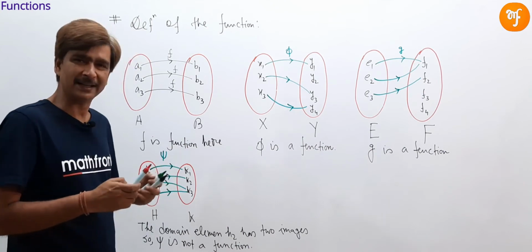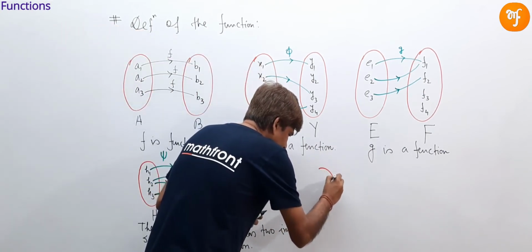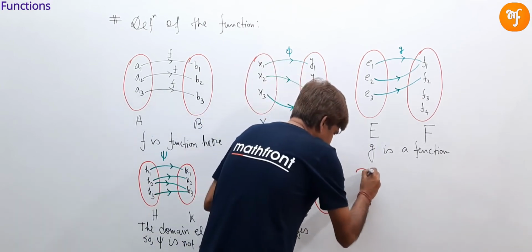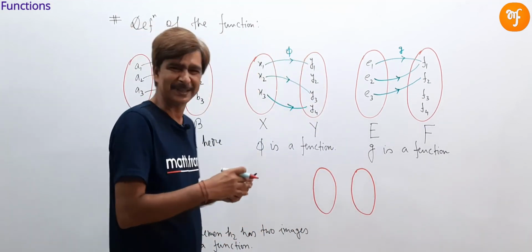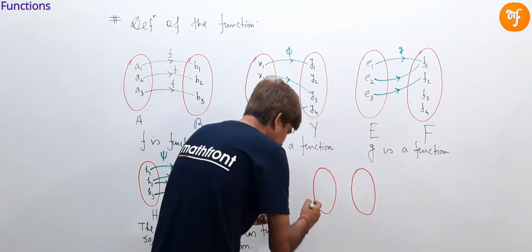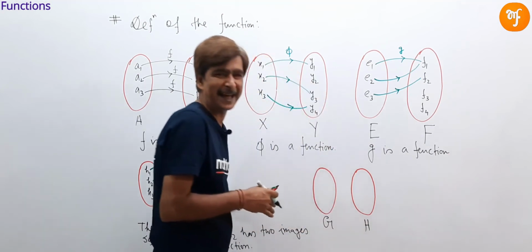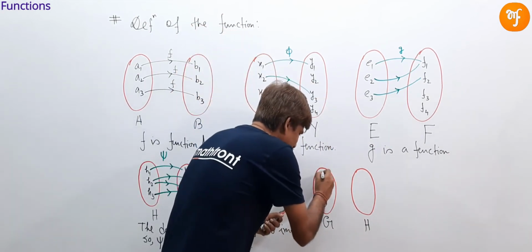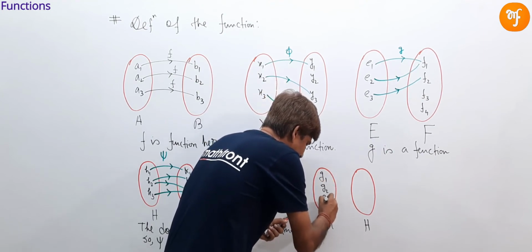So, let us consider another relation, please. So, these are two sets. Give the names of these sets as you like, that is capital G and capital H, and capital G has elements G1, G2 and G3.